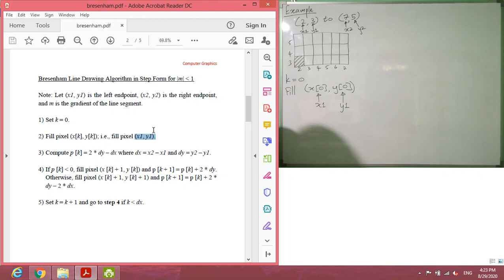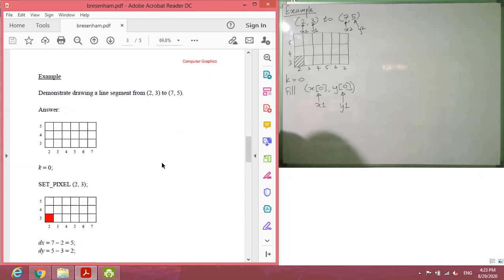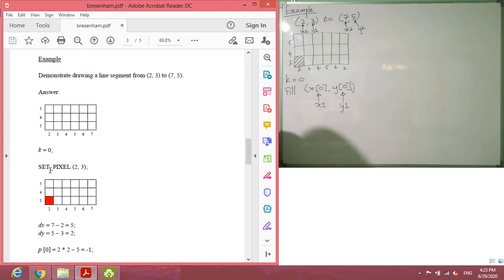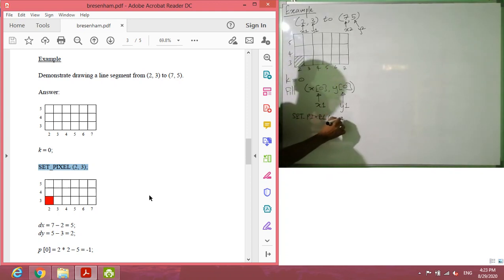Now let's look at here. K equals 0. Then here I have given it like this. We invoke the set pixel method 2 comma 3.